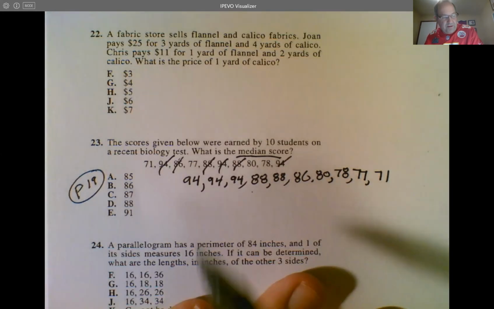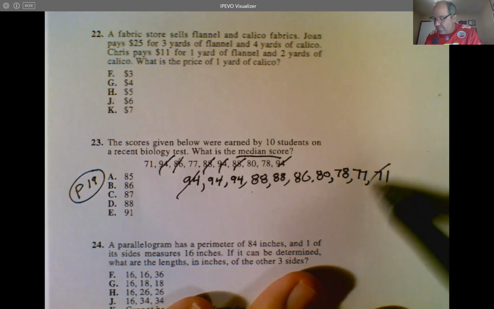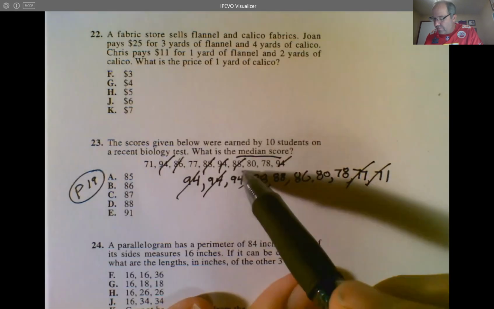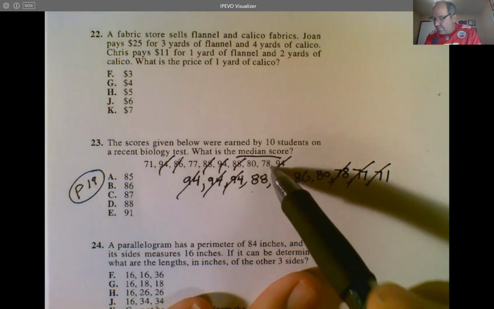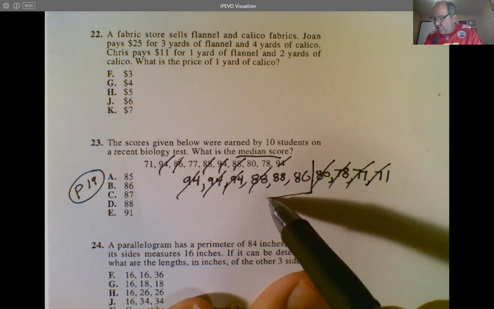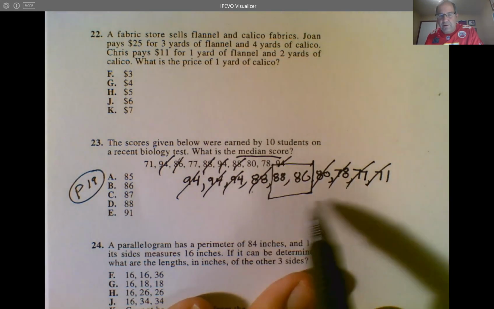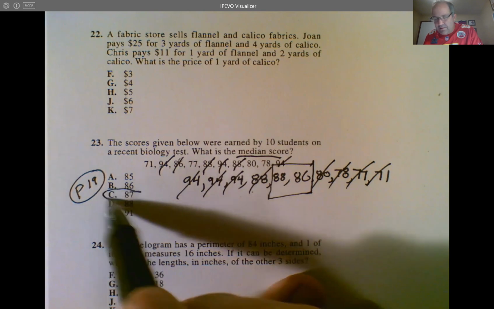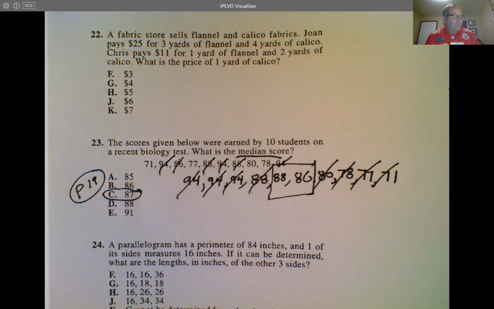And then we just find the middle number, right? Oh, there's two numbers in the middle. But I think the middle of those would be 87, right? So that was a stat question I saw on this test.